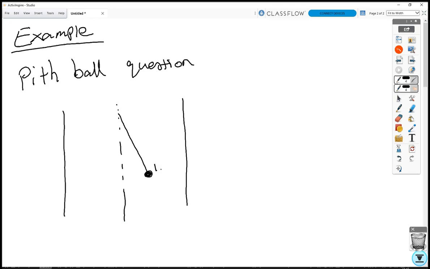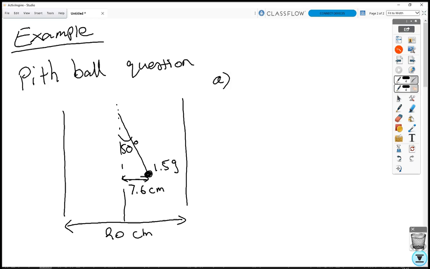The ball has a mass of 1.5 grams. This angle is 50 degrees. And it's got a separation from its equilibrium position of 7.6 centimeters. And the separation between these plates is 20 centimeters.